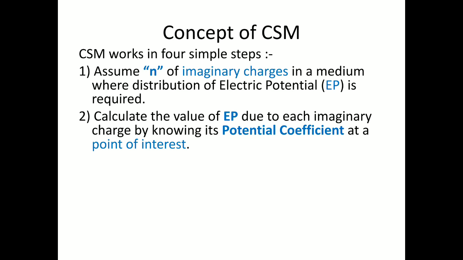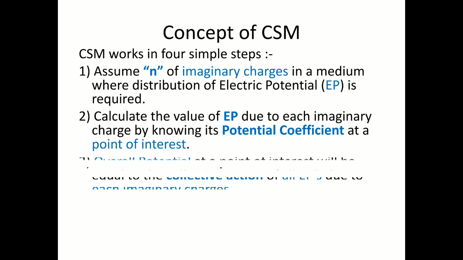That means each imaginary charge is going to produce its own electric potential, and suppose you are interested to calculate the value of potential at any point in that region, so definitely the net potential which we are going to calculate at a point of interest in that medium is going to be influenced by the electric potential produced by individual imaginary charges.